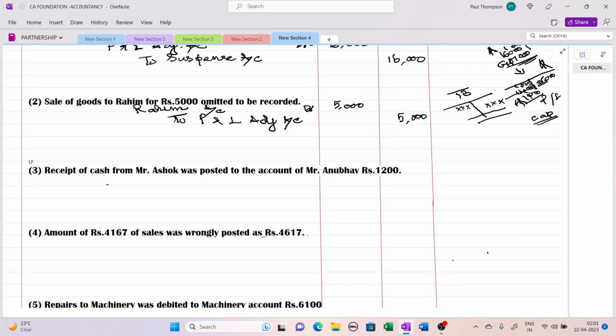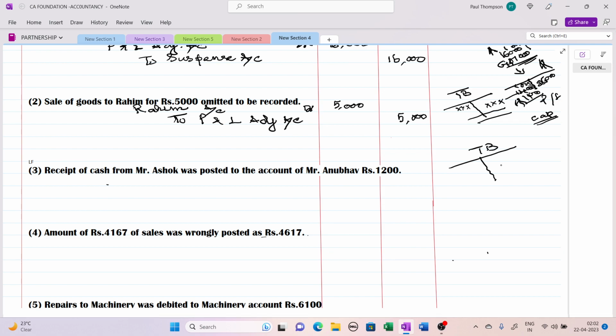Now coming to the next one. Receipt of cash from Mr. Ashok posted to the account of Anubhav. This is simply a case where, instead of writing the name of Ashok, the name got changed. So the trial balance will definitely agree. What is the journal entry? When I receive cash from somebody, the cash account will get debited and the giver is credited.